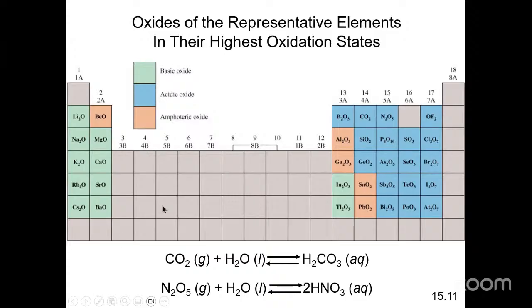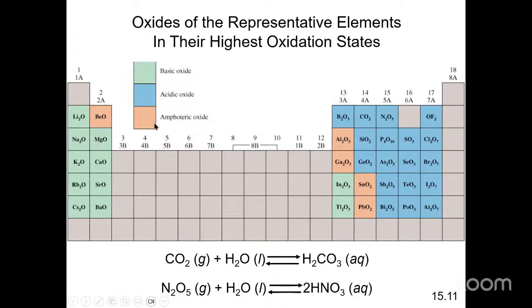If you have a nonmetal bonded to oxygen in a compound, then that compound tends to be acidic. There are some exceptions, but they tend to be acidic, and that is shown over here on this side. So compounds like diboron trioxide, carbon dioxide, dinitrogen pentoxide, and so on. Those compounds, as you can see here, blue represents acidic oxide. So these compounds here are acidic.